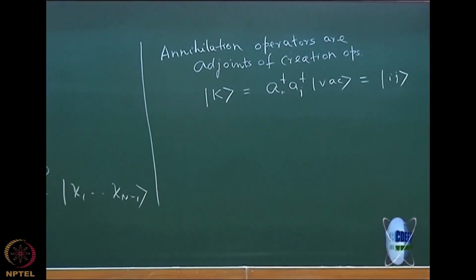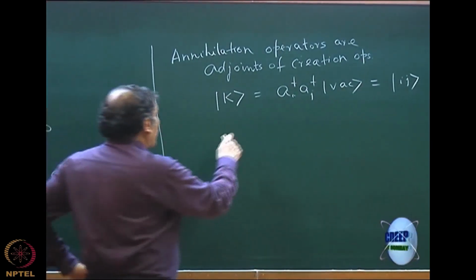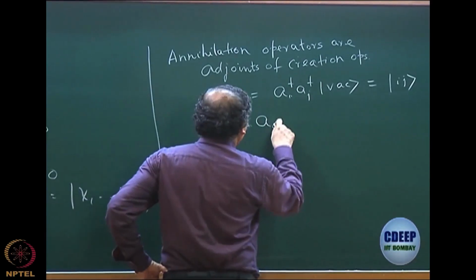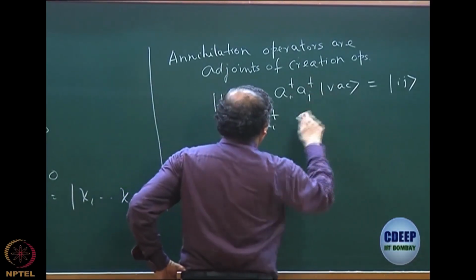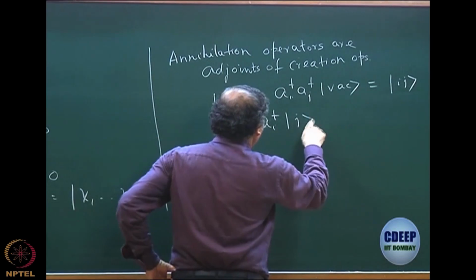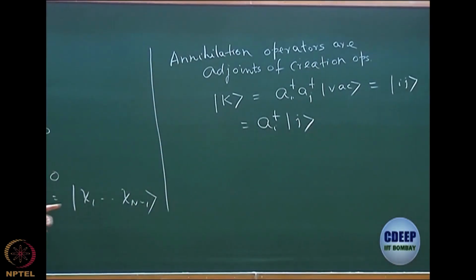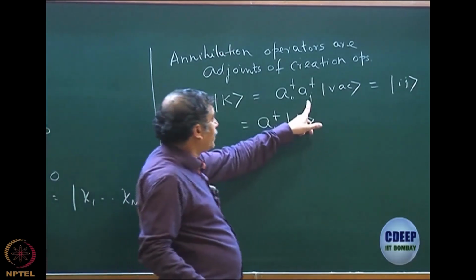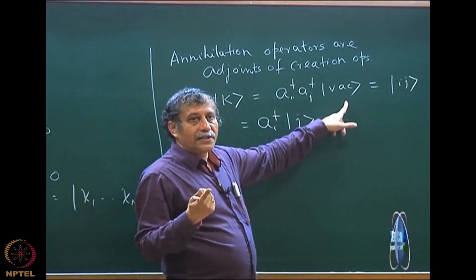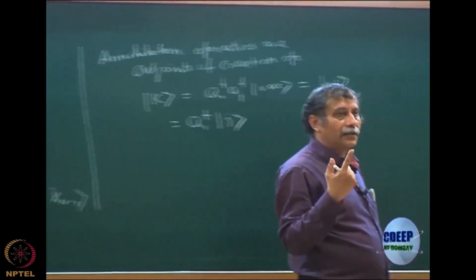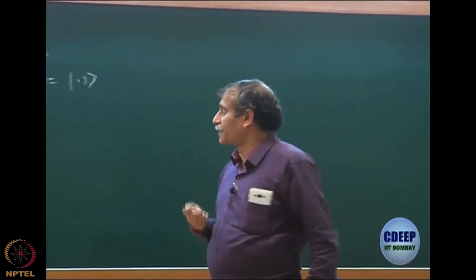Is it okay? So, I can write this as AI dagger, then I can write this as AJ dagger vacuum, which is AI dagger J. The same state K I am writing as AI dagger J, because AJ dagger vacuum is a state where only one electron is there in chi J orbital, correct.